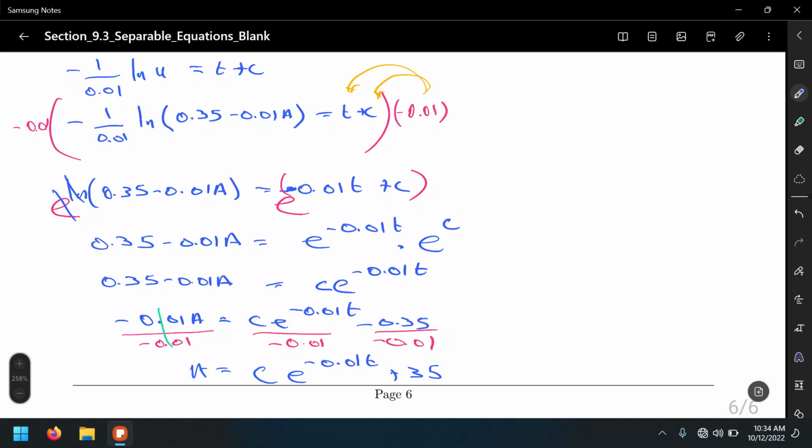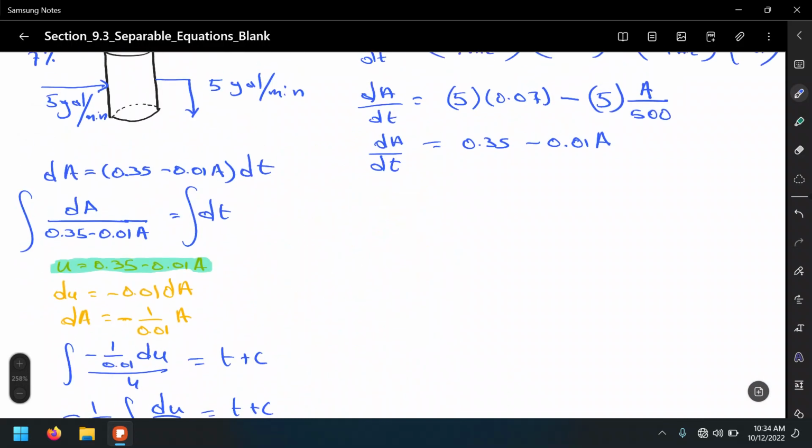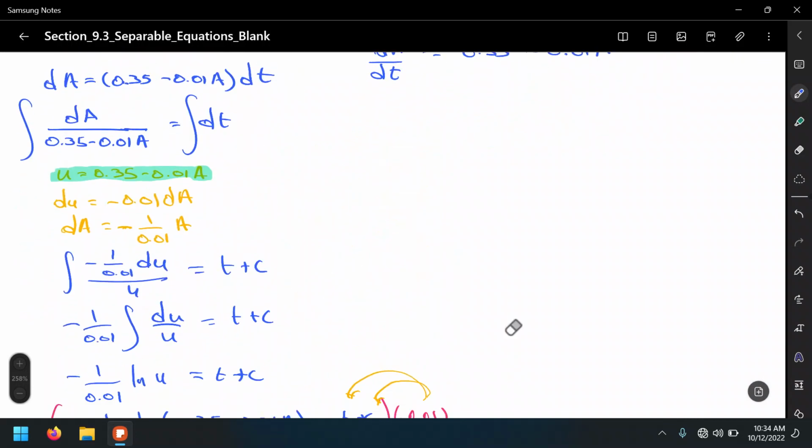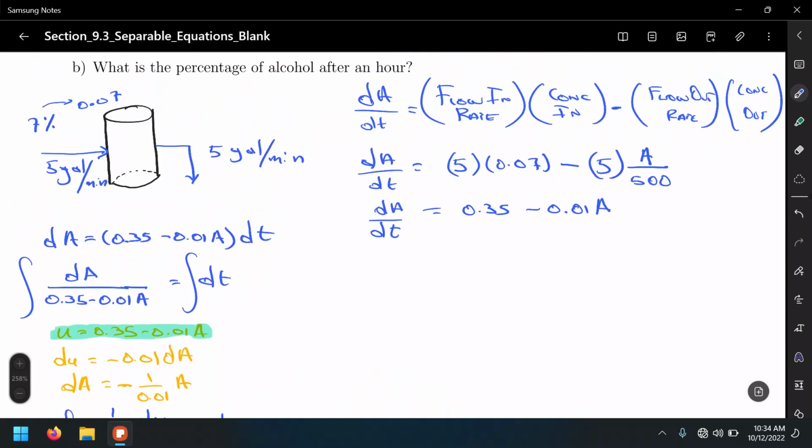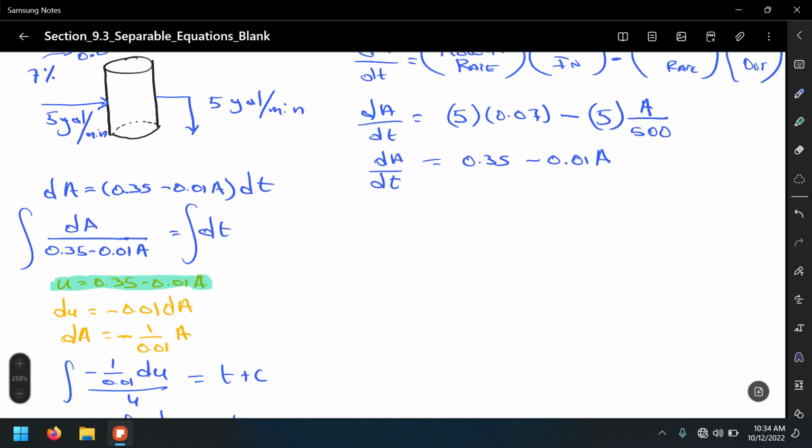So let's find out. This one is a little tricky, because in this case they're not telling us the amount of solute in the solution inside of the tank. They're telling us the concentration by volume of alcohol.